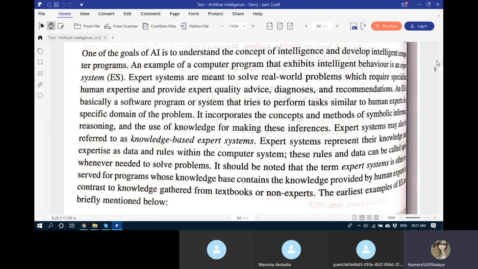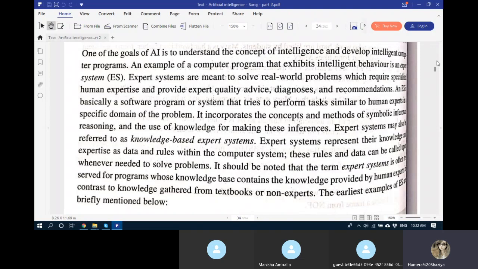So for that purpose, you should have the knowledge represented in some form. It can be propositional logic, it can be predicate logic, it can be semantic nets, it can be extended semantic nets, or even it can be frames.